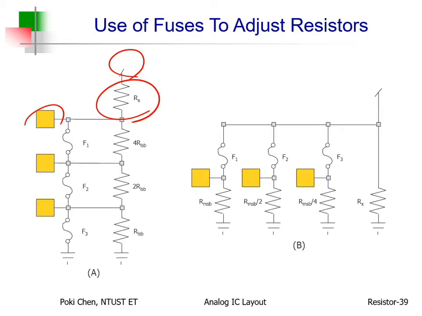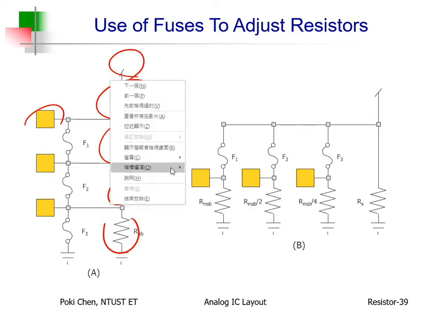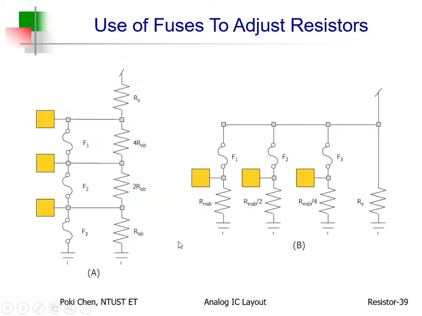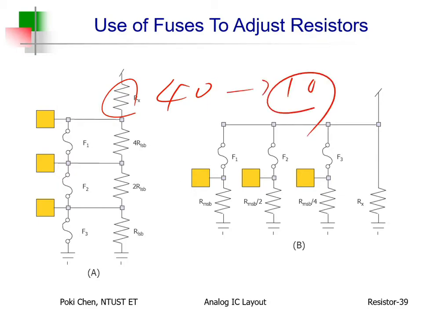Then you will know how much more you need to have. That's it. Okay? Because they are fabricated at the same time. For example, if you have 40 here, then it means you need 10 more, right?